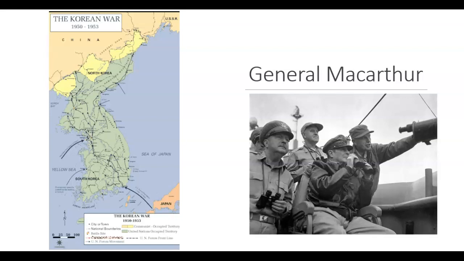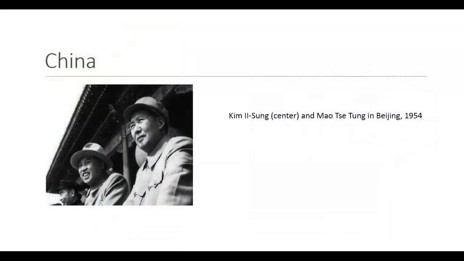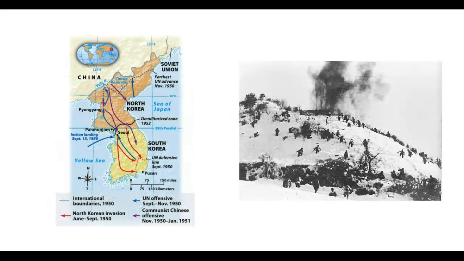Then, as the UN forces continued their advance, General MacArthur disobeyed orders and sent UN forces within 40 miles of China, causing 300,000 Chinese soldiers to cross into Korea. Soon the North Koreans, with the help of the Chinese, recaptured Seoul.